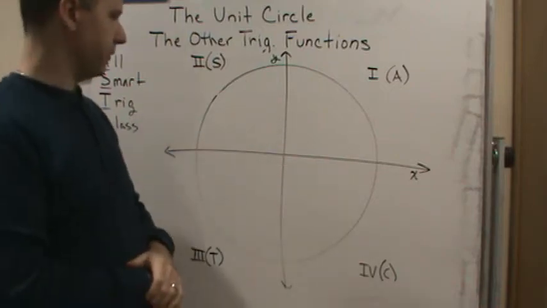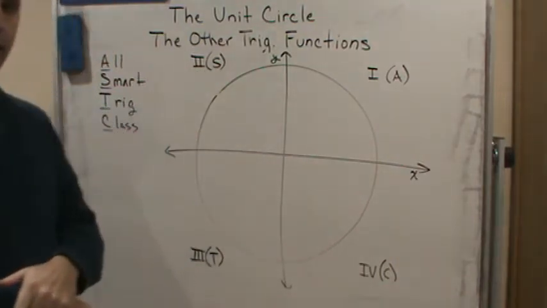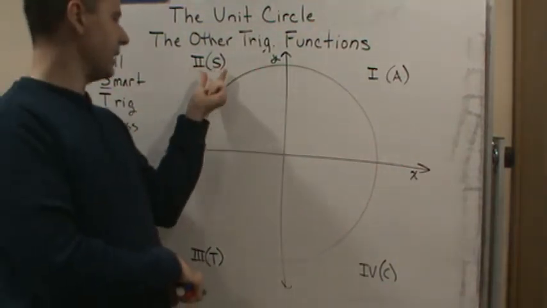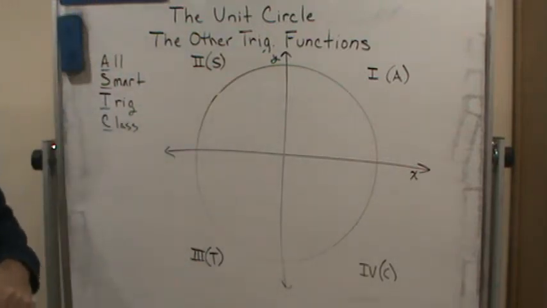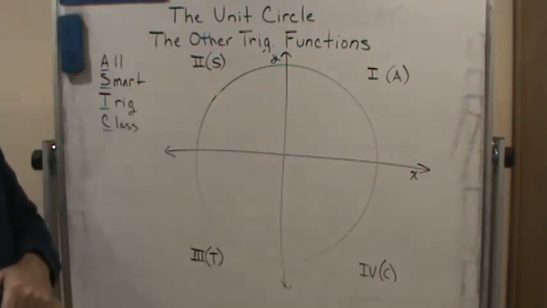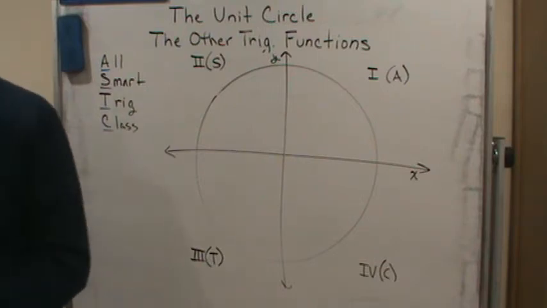And Y is positive. So sine is going to be positive in it. Now cosine is negative, but sine is going to be positive, and also what? The reciprocal of sine. Okay, which is cosecant.